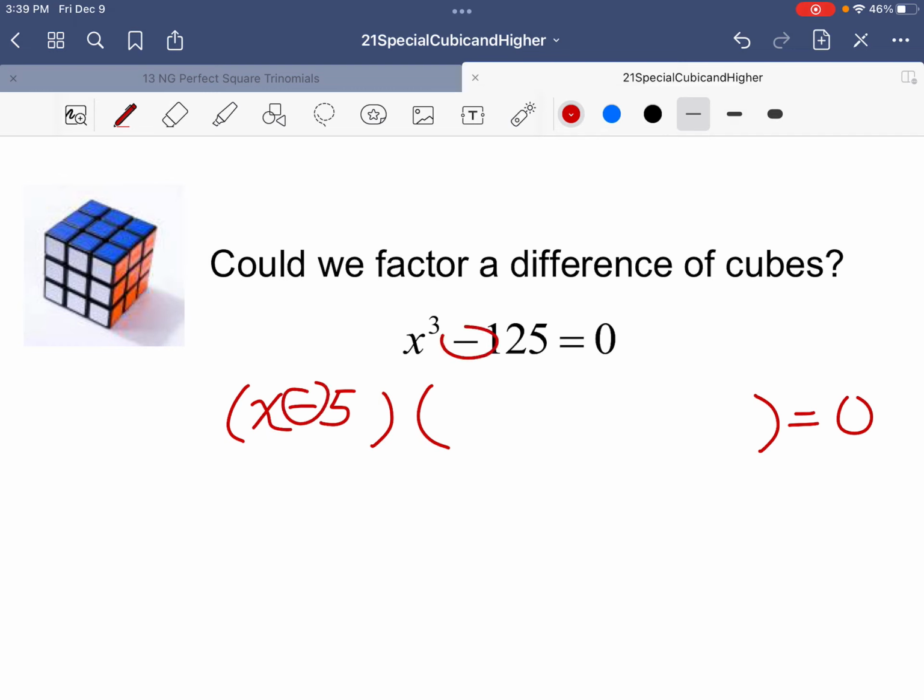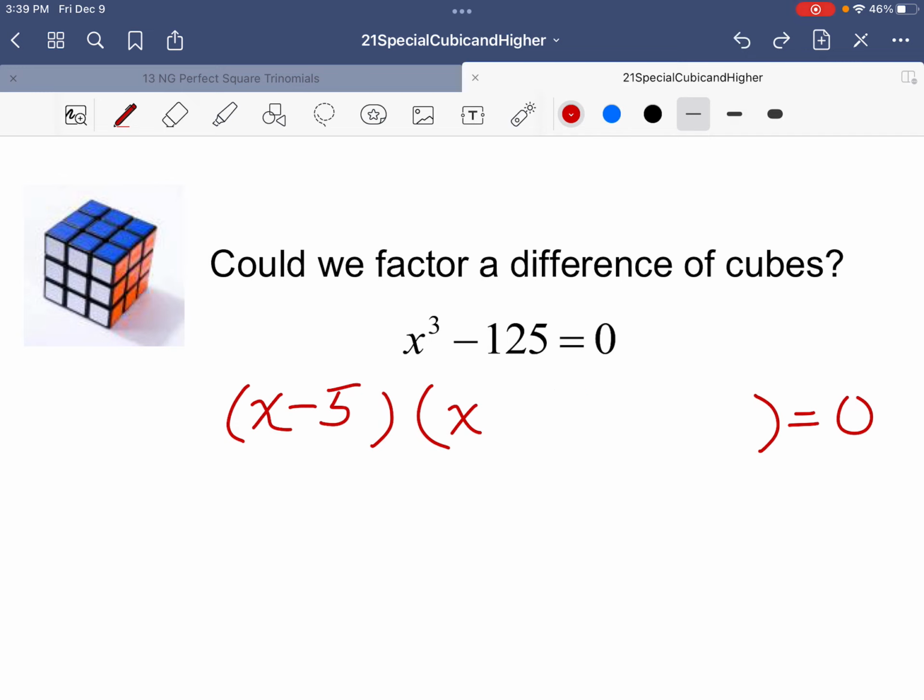Notice that this sign right here is the same. But what about this other expression? Is it just going to be another x minus 5 and maybe another x minus 5? No. If we would work that out, we would find out that that doesn't go back to where we started.